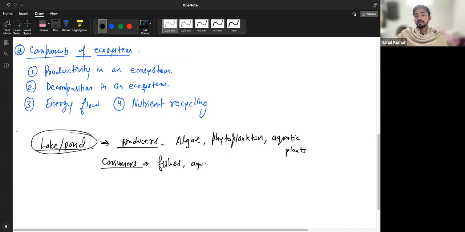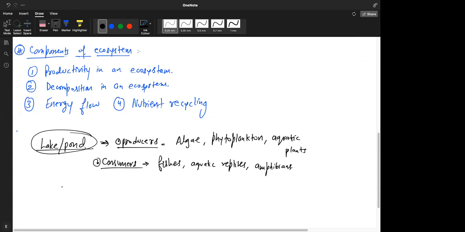Other aquatic reptiles can be there, right? Or amphibians, or aquatic mammals if there are any. Aquatic mammals are mostly in rivers and oceans, not that much in a pond, but yeah. So they are the consumers of the system. Do you understand what we are trying to do here?